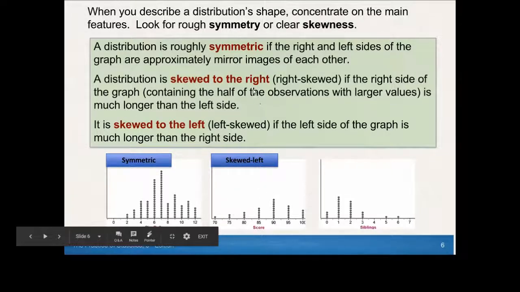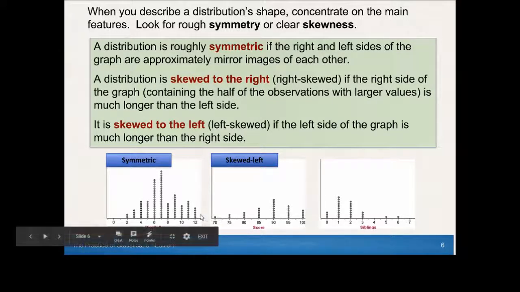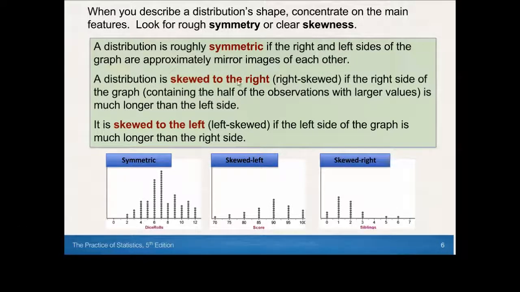The idea of the term skewed means that that's going to change things, and so the further out these are, the more it's going to change the average and such. And then skewed right is when we have a tail over there. So study the difference between skewed right and skewed left.